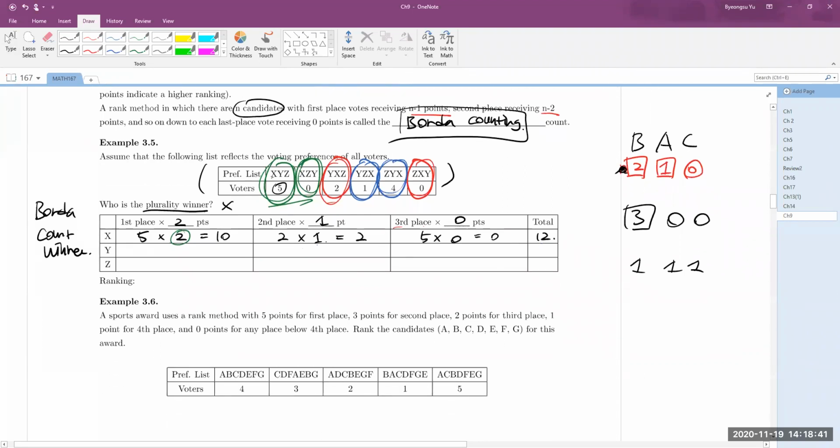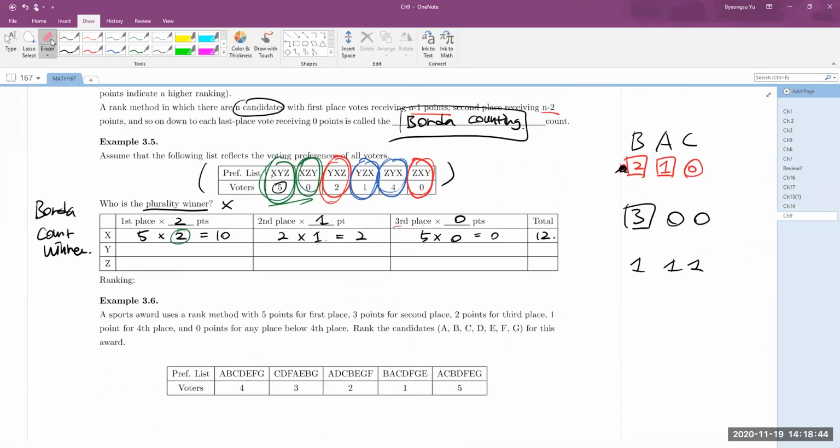Great. Okay, let's do the same thing here. First of all, we need to think about the case of Y, so just delete all of the others. Those who think that Y is the first choice are in these red circles, and there are 3 persons who think Y is the best choice. So Y got 6 points from the first place. For the second place, there are 2 preference lists, XYG and GYX, which think that Y is in second place, and there are 9 voters in them.